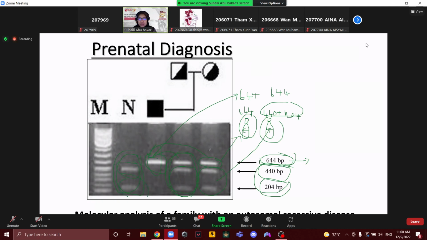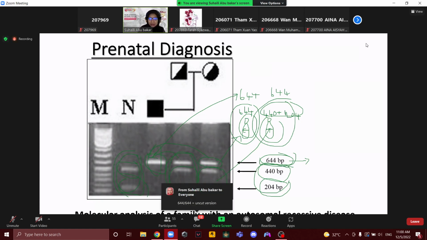You have to recognize first what is the uncut and cut. See? This is the chromosome. It means 644 is the uncut version. The first genotype. Okay, the second genotype, hetero, means uncut plus cut. Right?